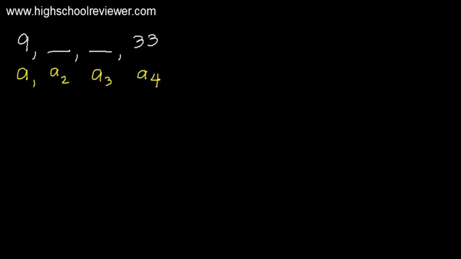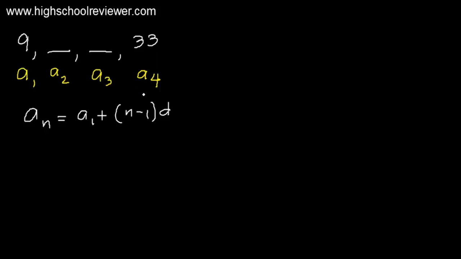To find the missing terms, first we need to find the value of d. The d here can be solved using this formula: a sub n is equal to a sub 1 plus n minus 1 multiplied by d. We will use 33 for our a sub n.